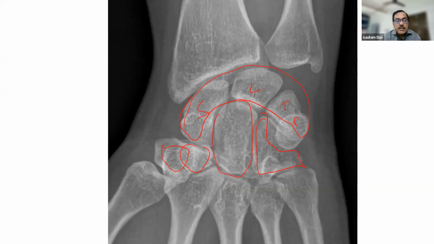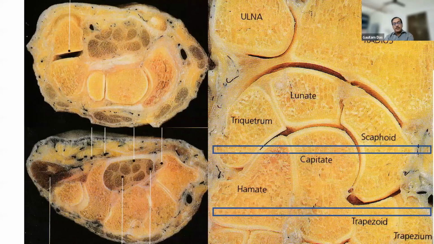Here it is articulating with these two, here with the probe like this, and here it is articulating with these two bones. So the scaphoid is articulating with the first and second, the lunate and capitate with the third one, and your triquetrum and the hamate are articulating with the fourth and the fifth metacarpal bone.